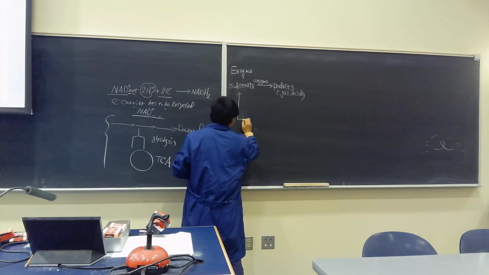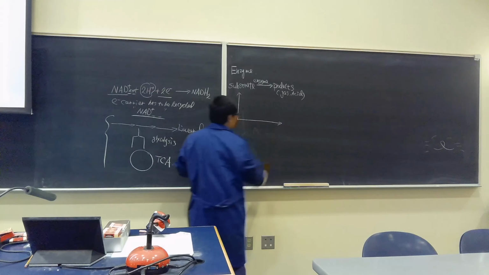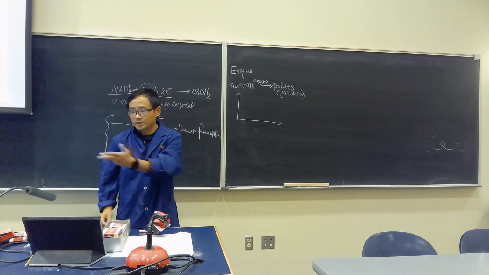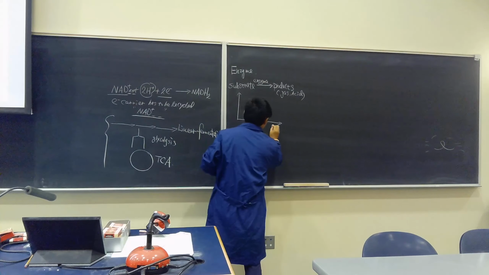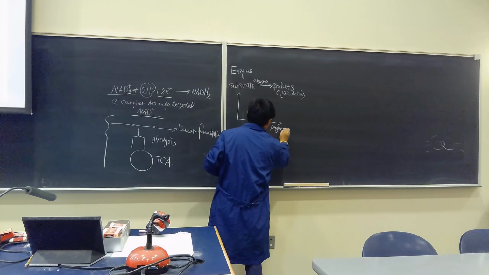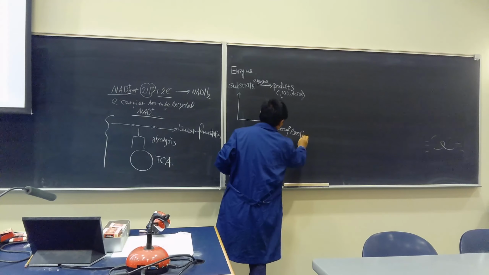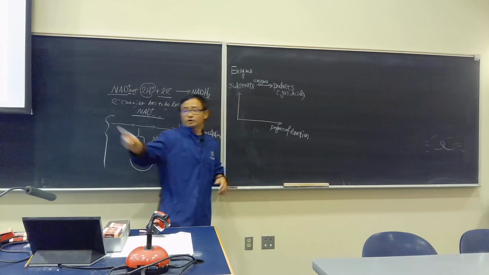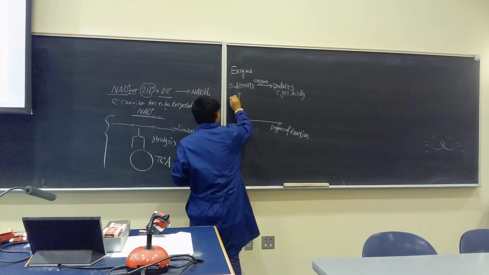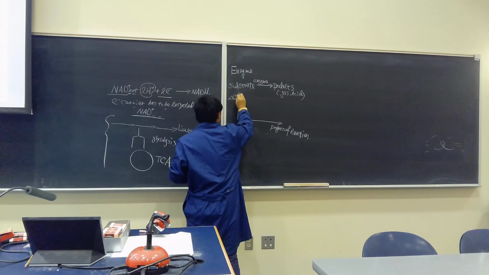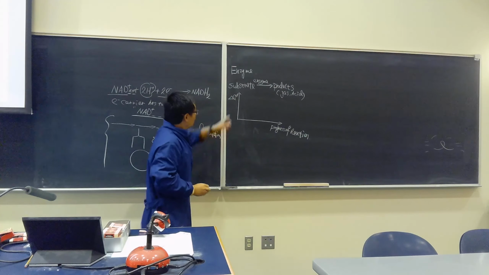If we want to draw a picture, the x-axis is the progress of the reaction, and the y-axis, if you look at the picture there, is delta G 0 prime.